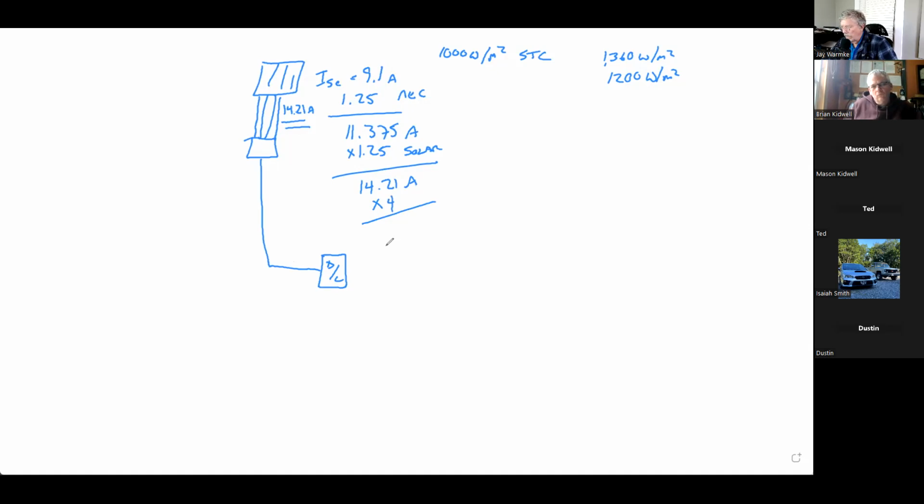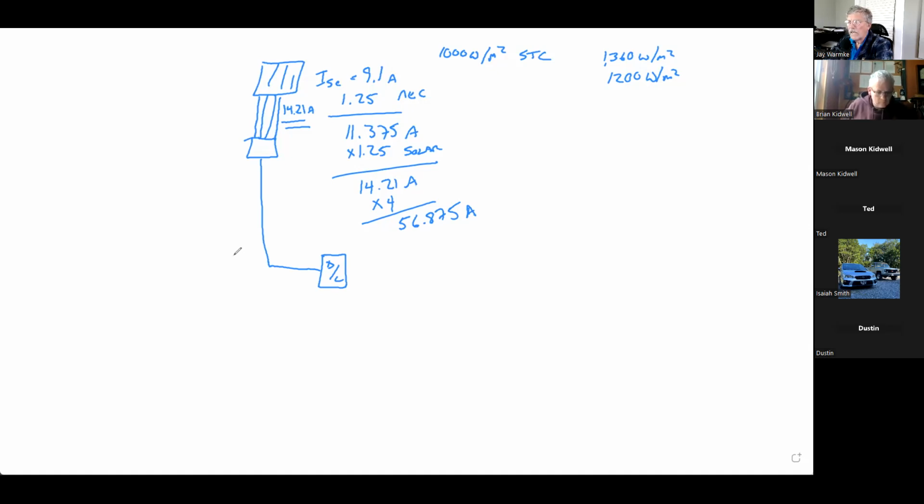And now that's going to be 56.875. So what size wire do I need here? Well, I could look at the table and it would say 6 gauge wire in column 1 is 55. I need 56. So I'd have to go to 4 gauge wire. If everybody's looking at the book, do you understand?